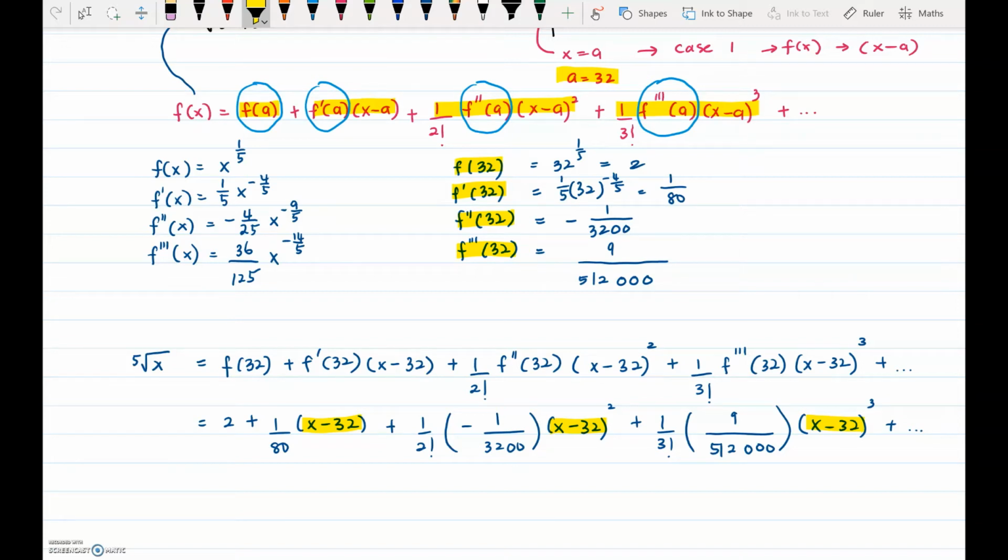Lastly, you will simplify your coefficients.